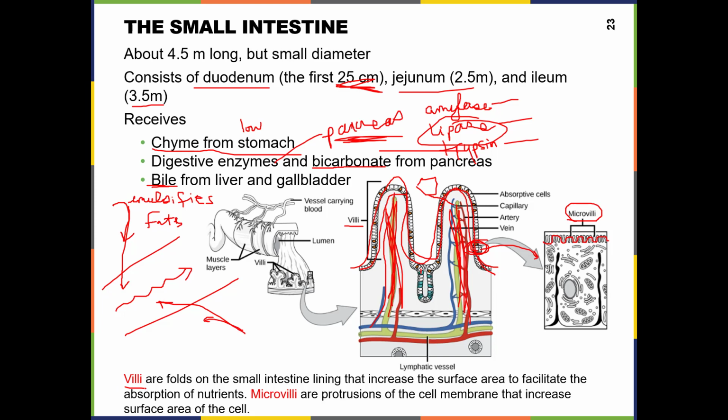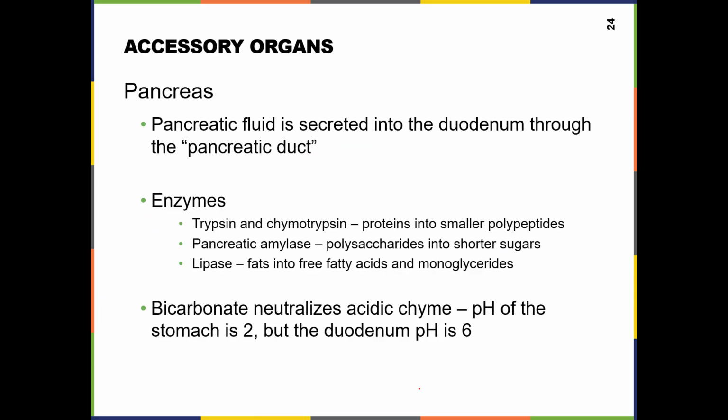So the villi are the folds in the wall of the organ. The microvilli are actually folds of the actual cell membrane of the individual cells. That's an important distinction. The names are similar. All of this increases the surface area of the small intestine. Because every point of a surface area of an organ is a point of possible absorption. So it makes sure that the nutrients that can be absorbed are absorbed.